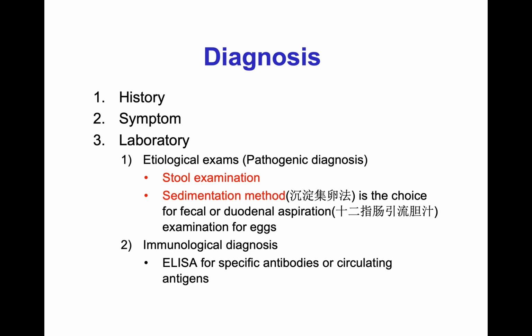So in this way, more eggs can accumulate, and then it's easier to see under the microscope. And also, we can use a duodenal aspiration examination for eggs. But the stool examination is for sure easier. Also, there's an immunological diagnosis. You can do the ELISA for specific antibodies or circulating antigens.